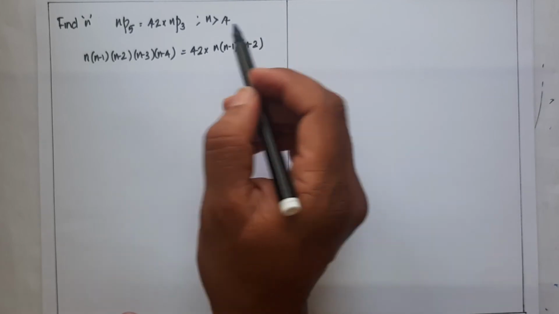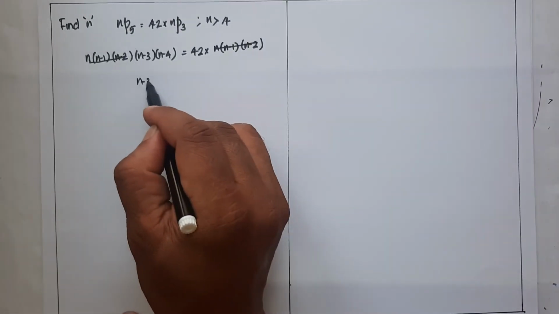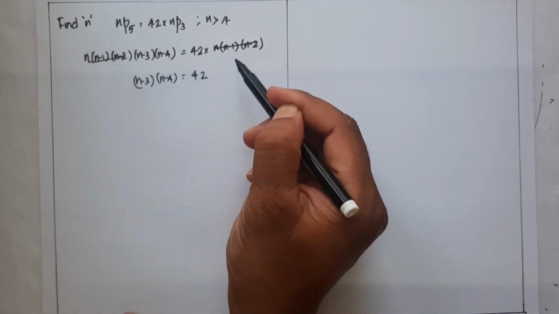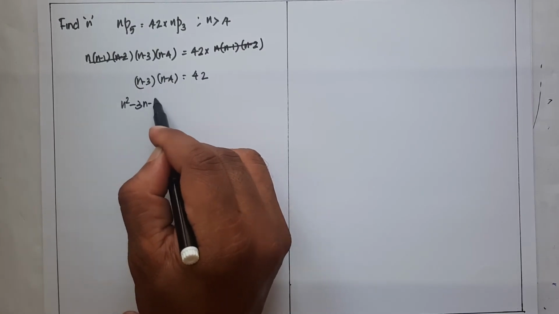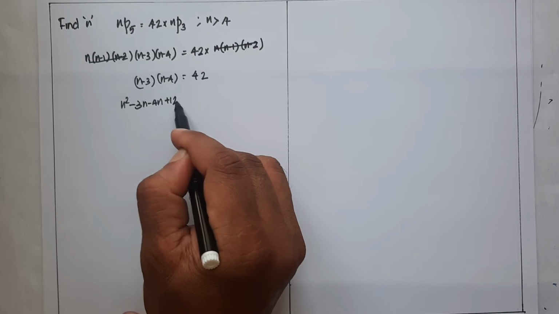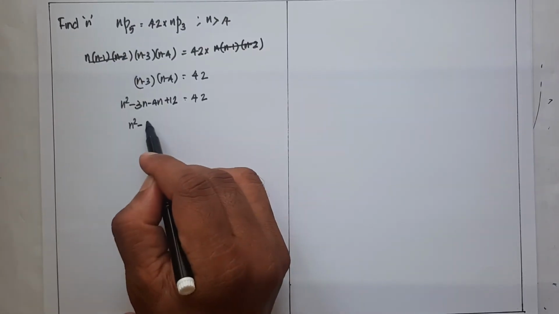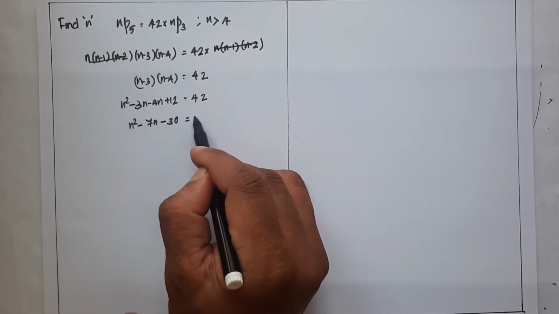Now the common term n into n minus 1 into n minus 2 cancels, and therefore n minus 3 into n minus 4 is equal to 42. That is n square minus 3n minus 4n plus 12 is equal to 42. That is n square minus 7n plus 12 minus 42, that is minus 30, equal to 0.